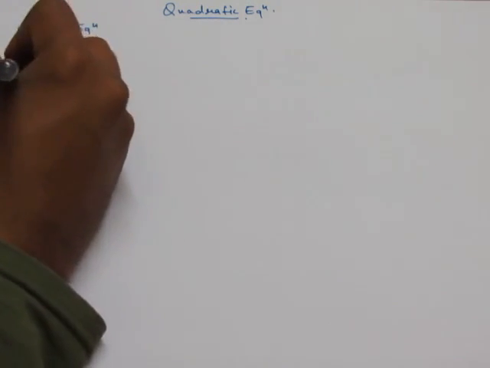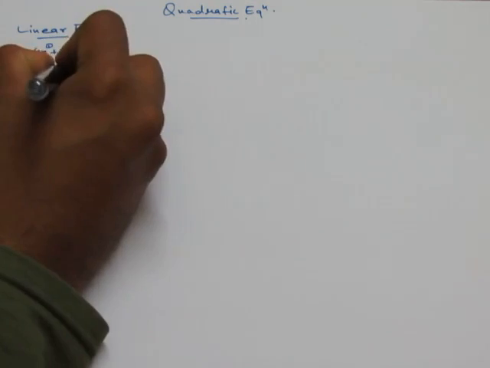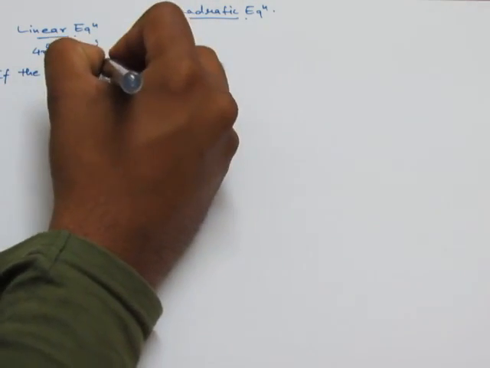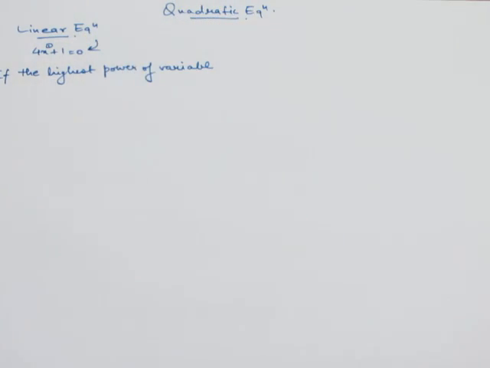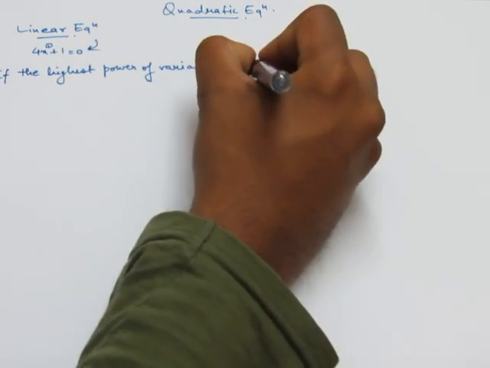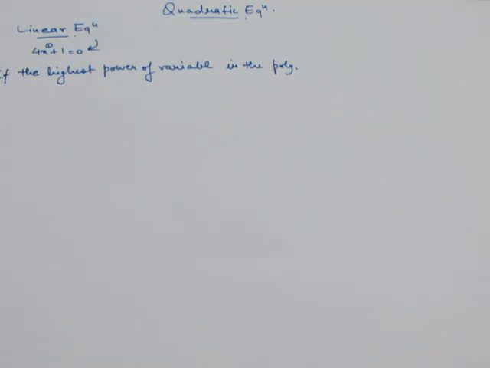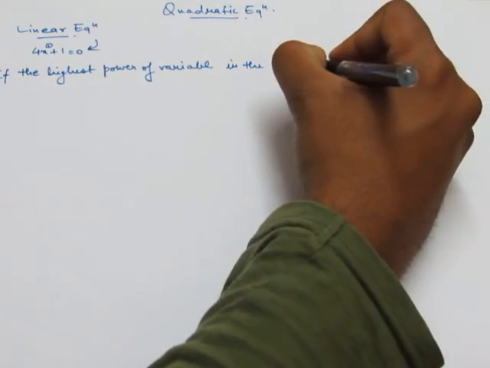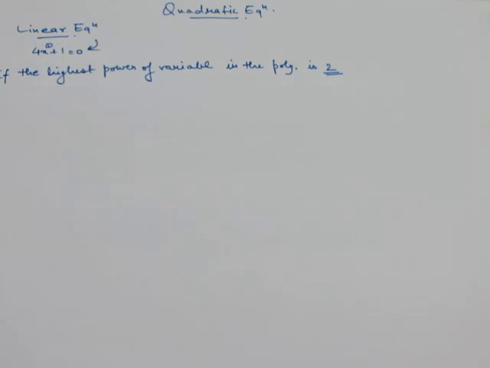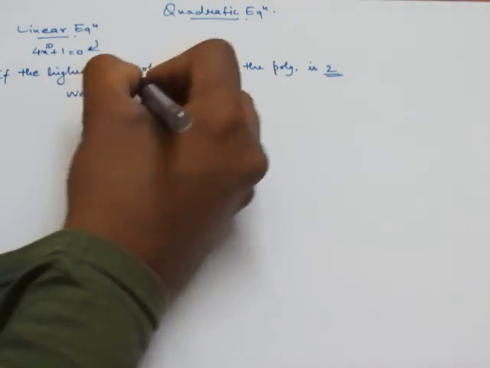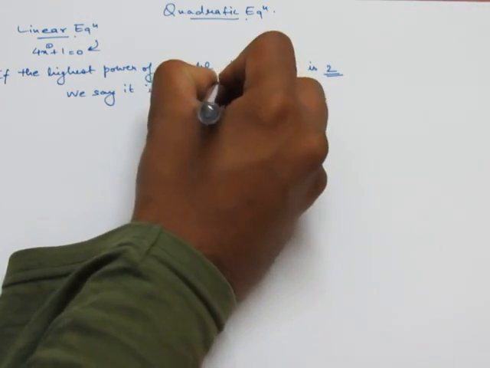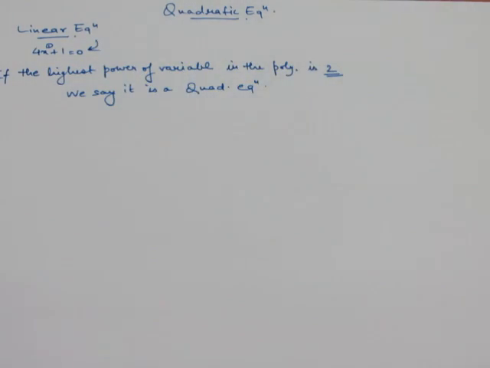So if the highest power of variable in the polynomial is 2, we say it is a quadratic equation.